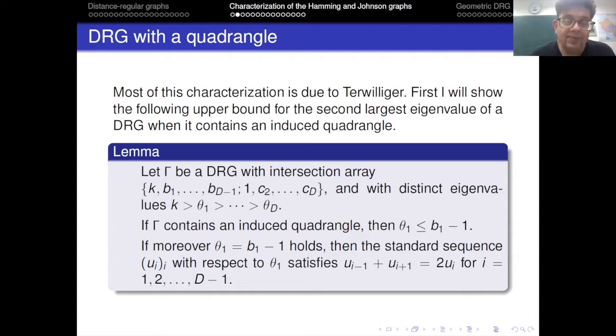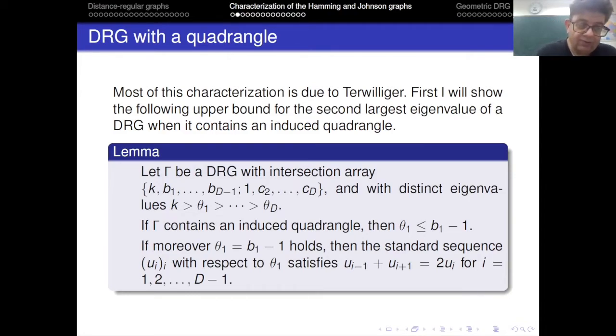Let gamma be a distance-regular graph with intersection array and with distinct eigenvalues k ≥ θ1 ≥ ... ≥ θd, because that's exactly d+1 distinct eigenvalues. They are all real numbers, so I can order them. And if gamma contains an induced quadrangle, then θ1 cannot be more than b1 minus 1.